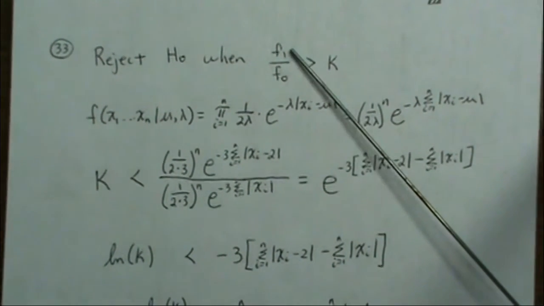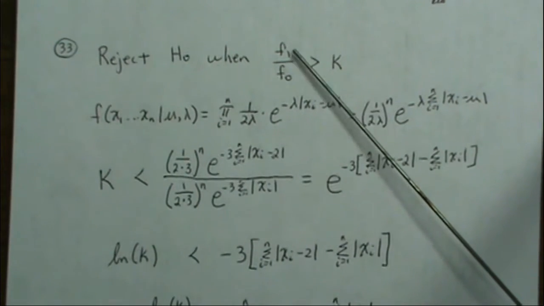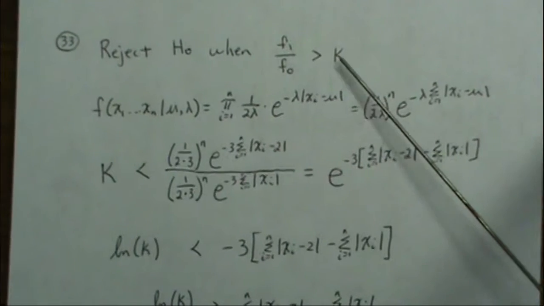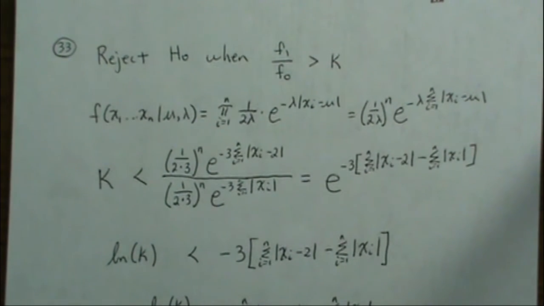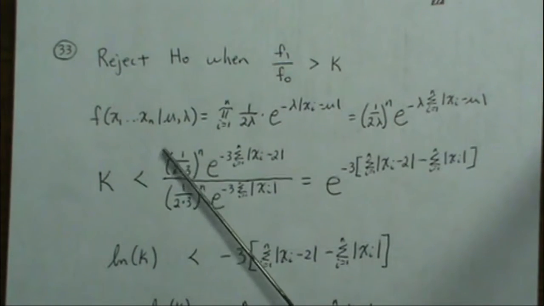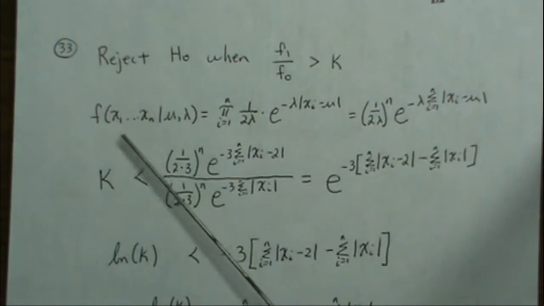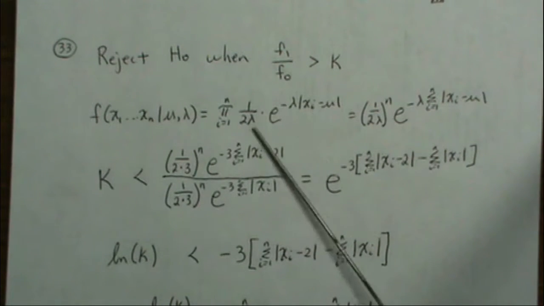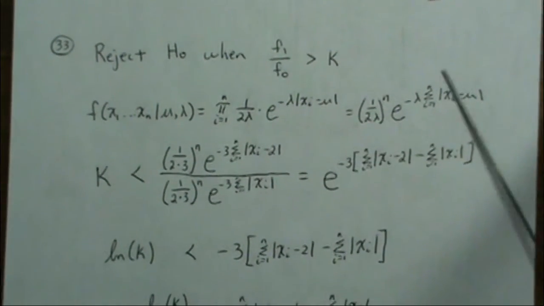So the alternative density is much larger than the null. Well, how large? We need to find the k that makes this 0.05. So the joint density is, since those are all independent, we take the product of one of them, and then that can be rewritten as this.